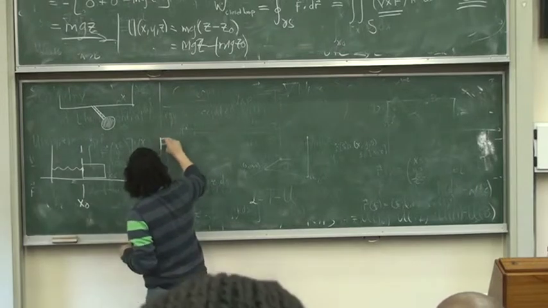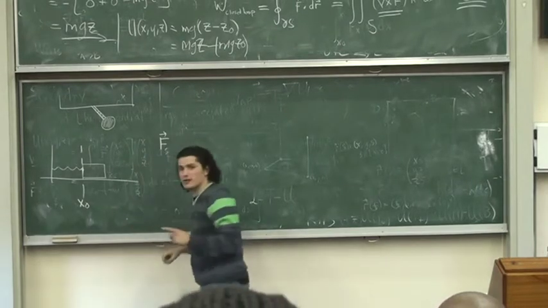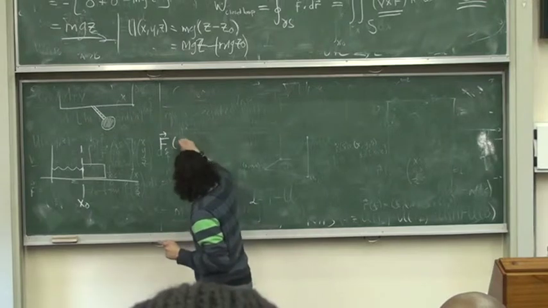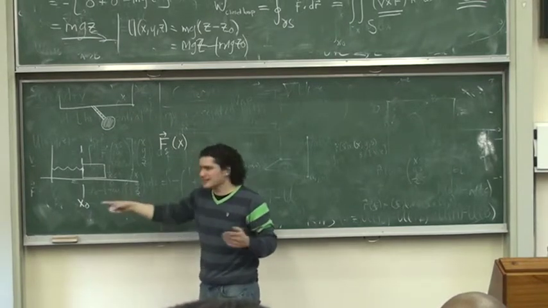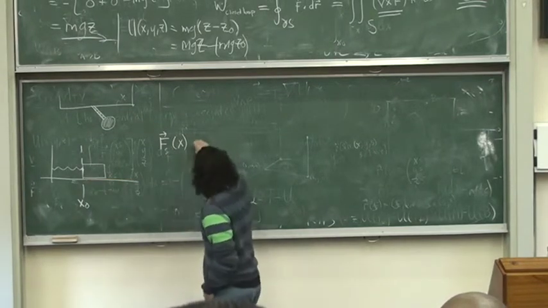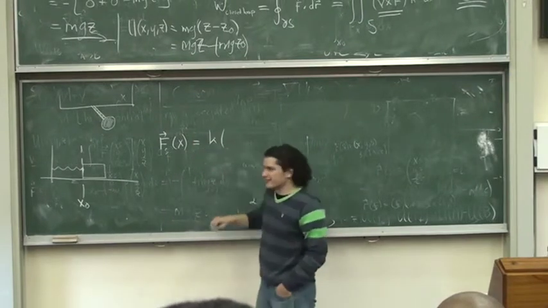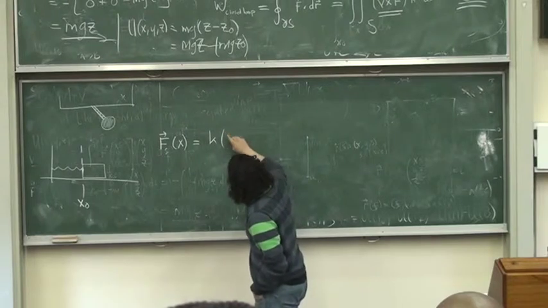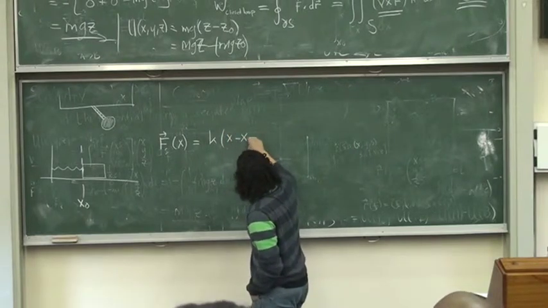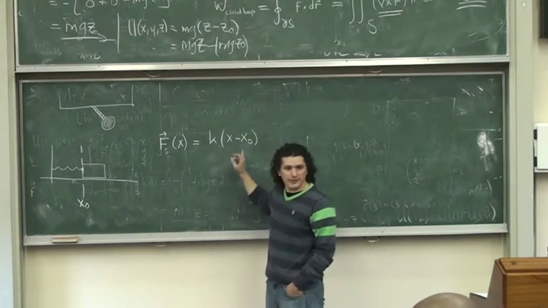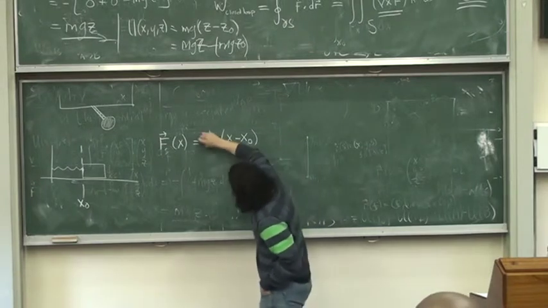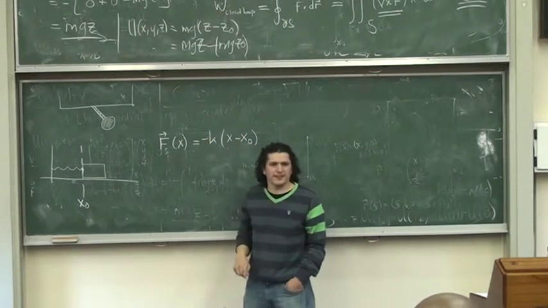So the force exerted by the spring on me as a function of x, the distance that I've stretched it, is proportional to the distance that I've stretched it from its equilibrium length, in the opposite direction to the distance that I've stretched.